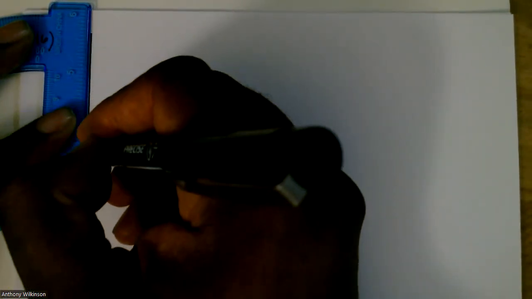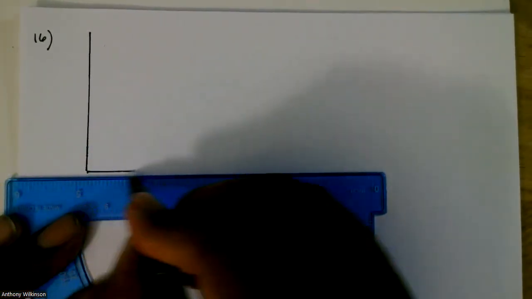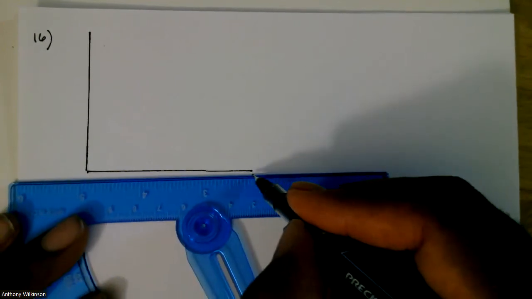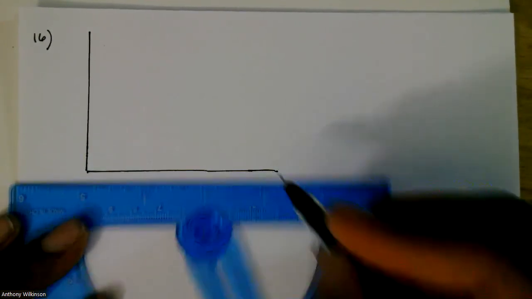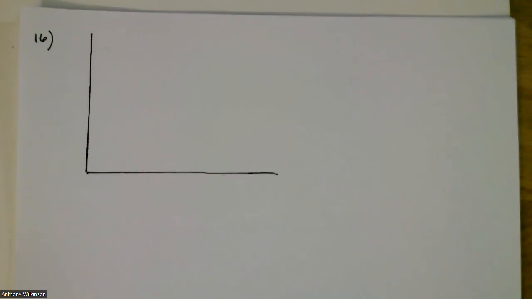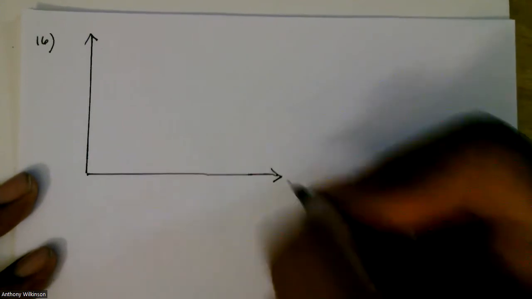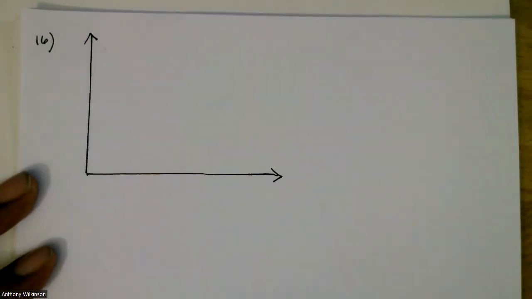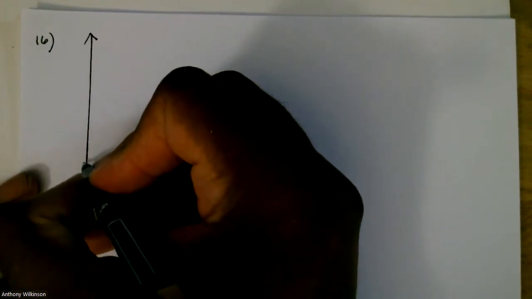So here is how we construct a bar graph. We need a vertical axis and a horizontal axis, like this. Let's see, this is from 2 to 20. So I'm going to do this vertical axis in increments of 2: 2, 4, 6, 8, 10, 12, 14, 16, 18, 20.